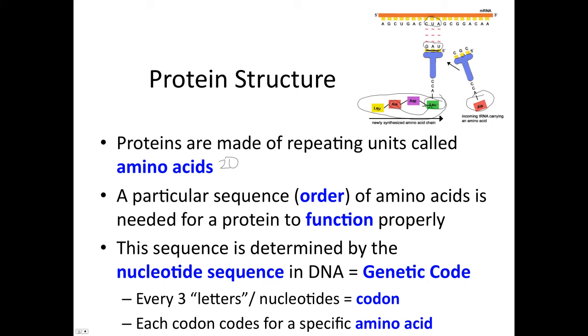And this sequence CGC is always going to bring the amino acid ALA. So it's kind of like a secret message that DNA has with these letters or nucleotides. Each 3 is a codon that's going to say, yes, I need this amino acid, whatever amino acid it is.